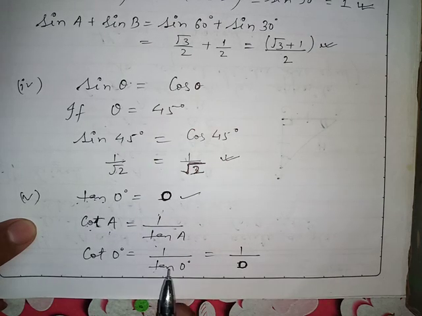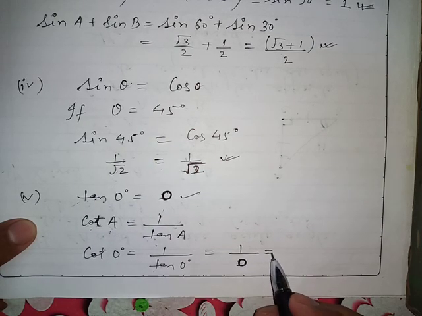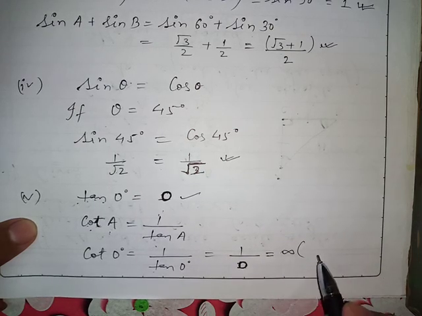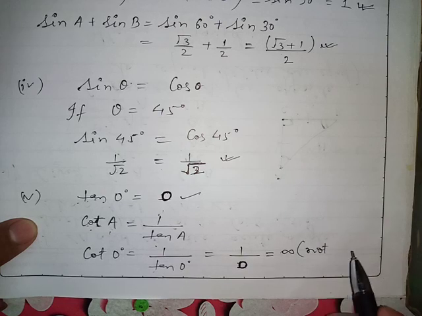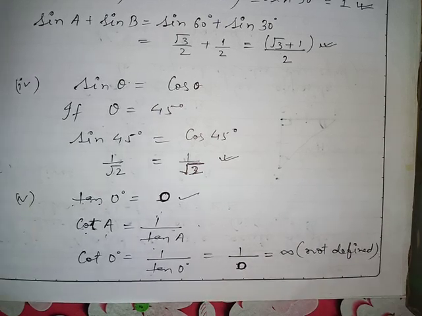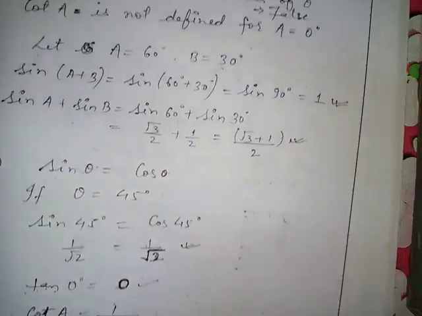So 1 by 0, and this 1 by 0 is infinity, or I can say not defined. So yes, it is correct.